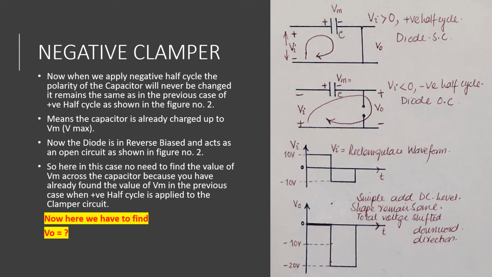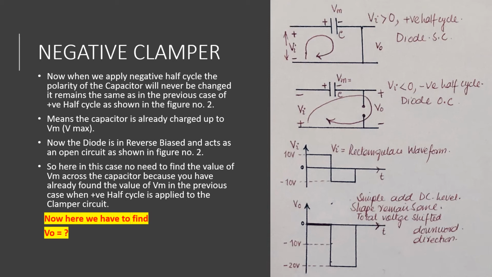Now when we apply the negative half cycle, the polarity of the capacitor will never change. It remains the same as in the previous case of the positive half cycle as shown in figure number 2. Means the capacitor is already charged up to Vm maximum. Now the diode is reverse biased and acts as an open circuit.